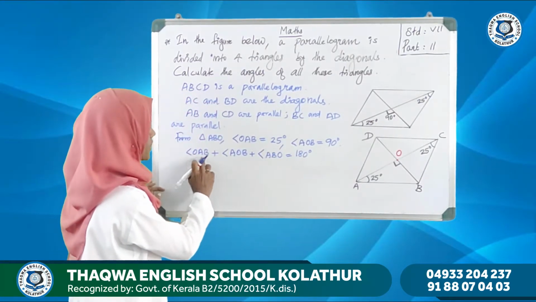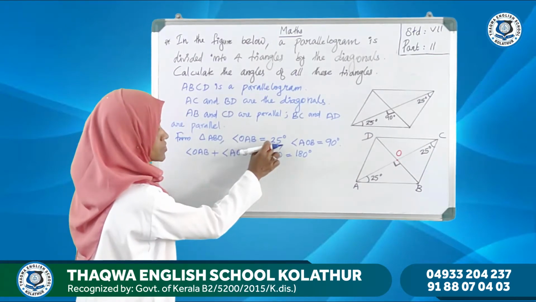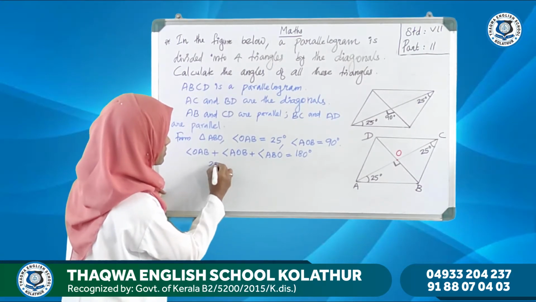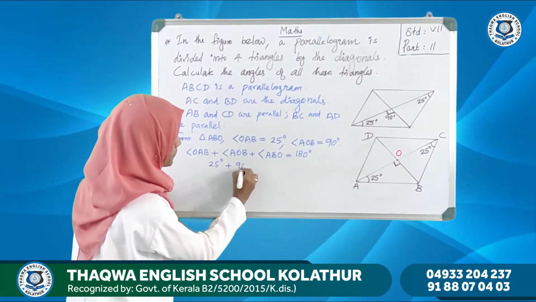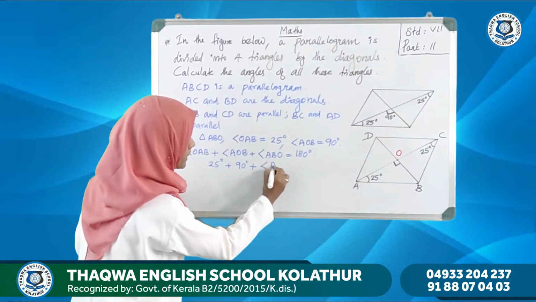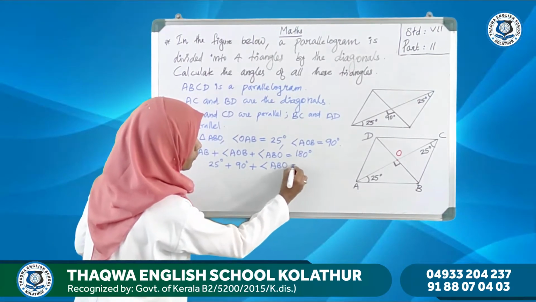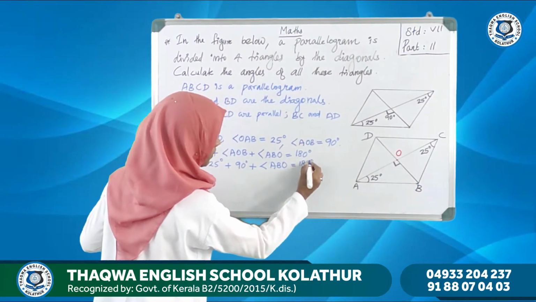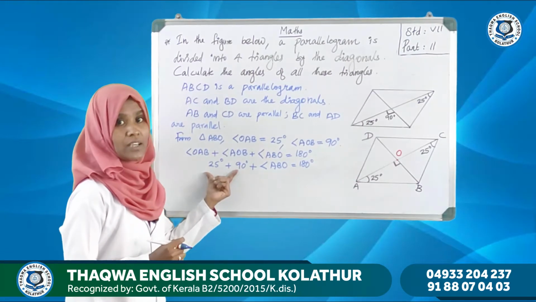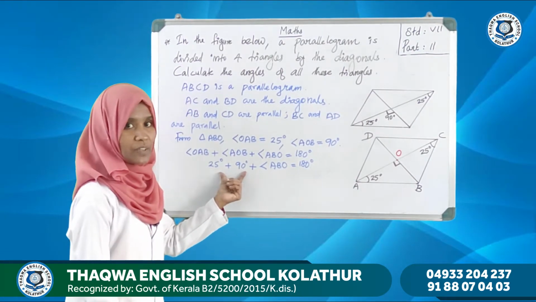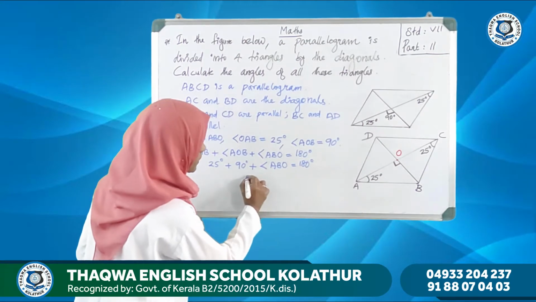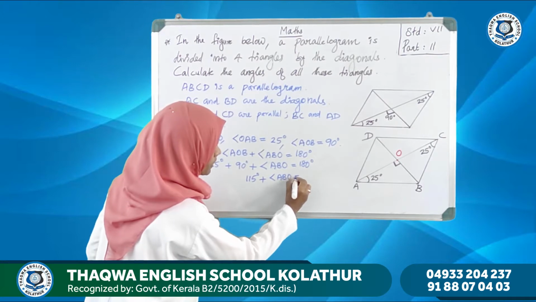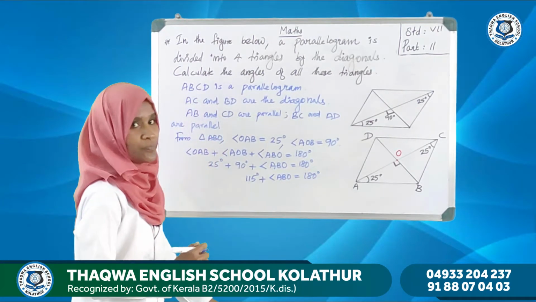Now let us substitute angle OAB as 25 degree and angle AOB as 90 degree. That is 25 plus 90 plus angle ABO is 180. Then just add 25 plus 90. What is the sum? 115 plus angle ABO equals 180.